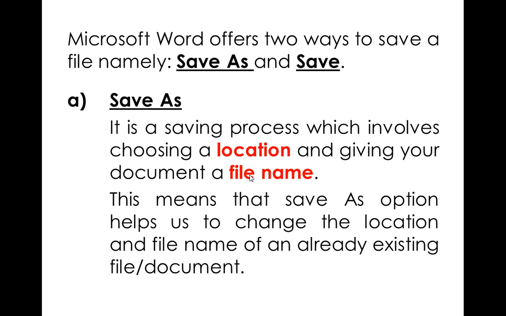As soon as you open a program, you carry out the Save As process. And it is this very Save As option that helps you to change the location and the file name of an already existing file.